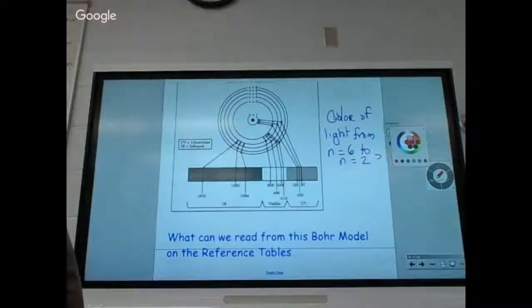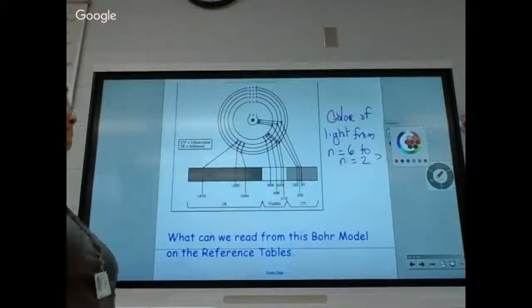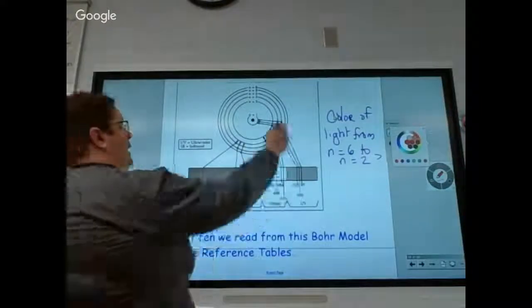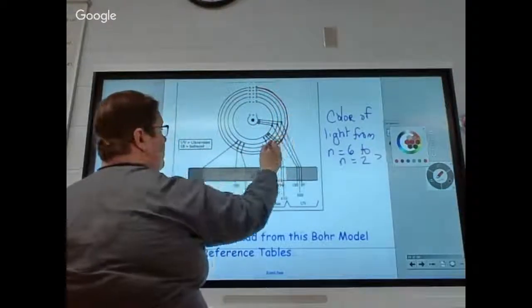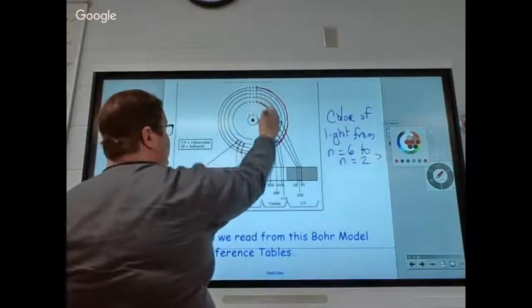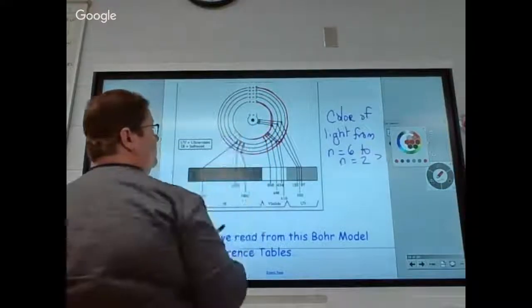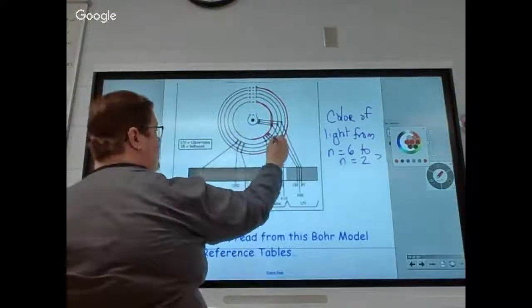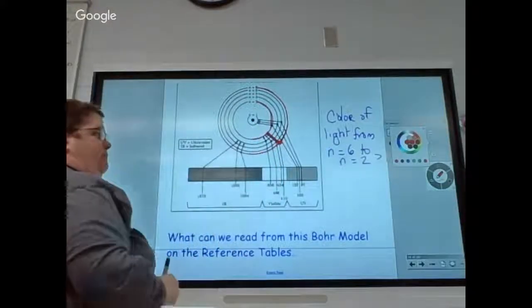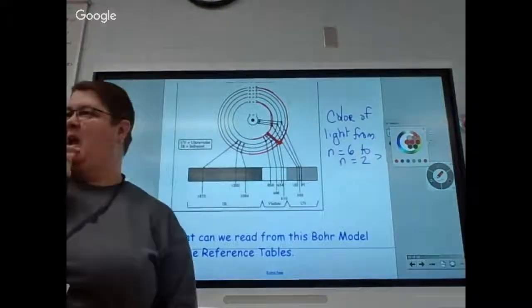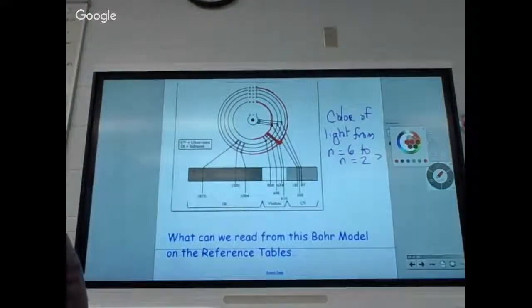Here's your n equals 6 right here. Here's your n equals 2. Find your dot that's on the n equals 6 ring. It goes to the n equals 2 ring. Find that line.